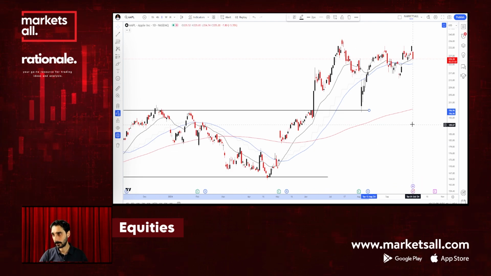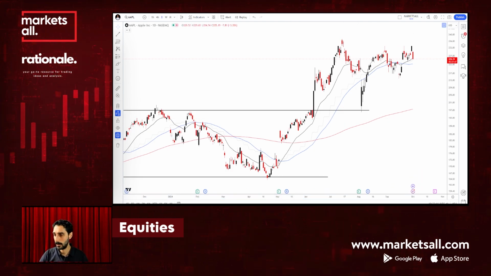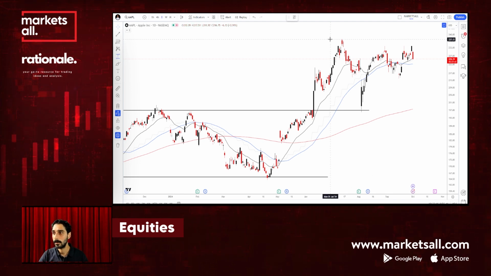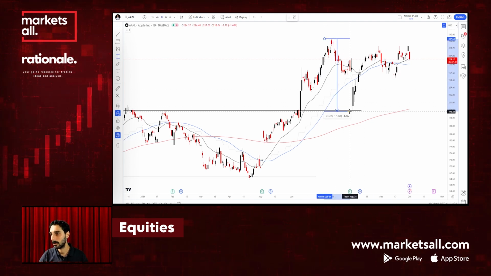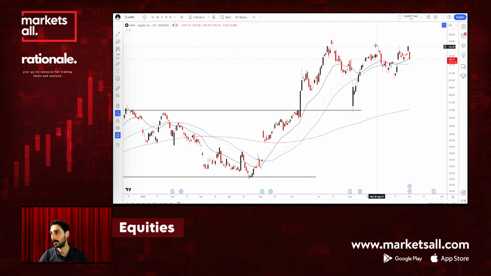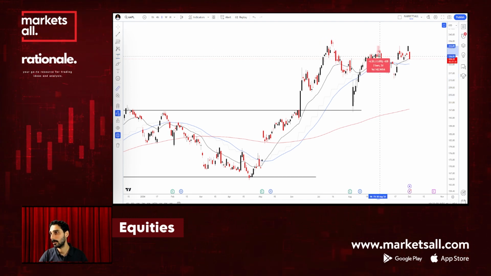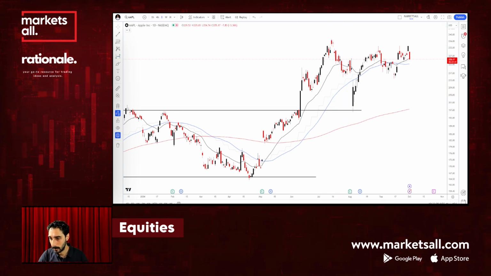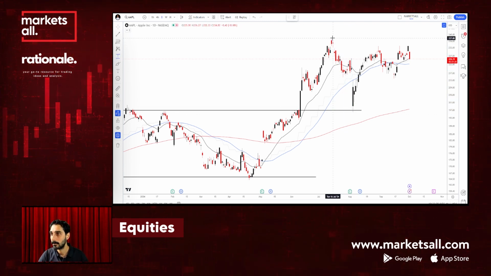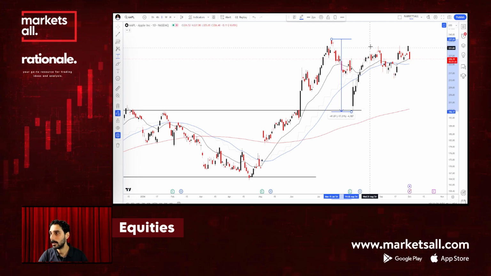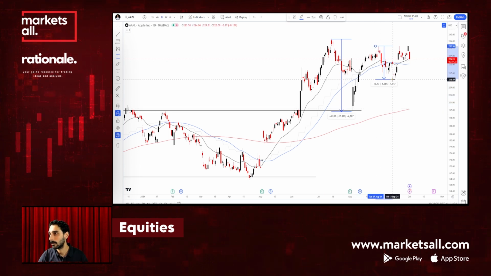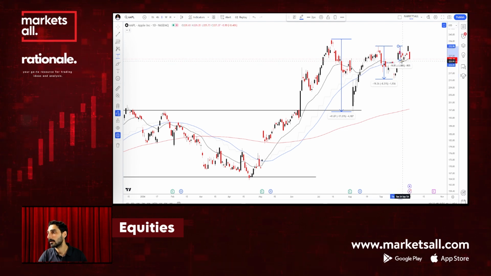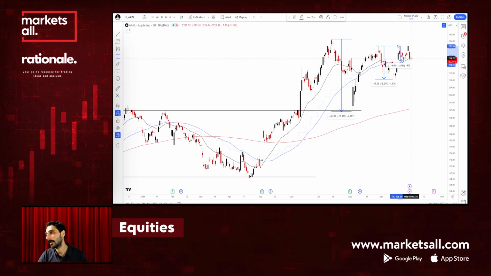Generally here, the price first came down around 17%, then 8%, then 4%. Now it's coming down.